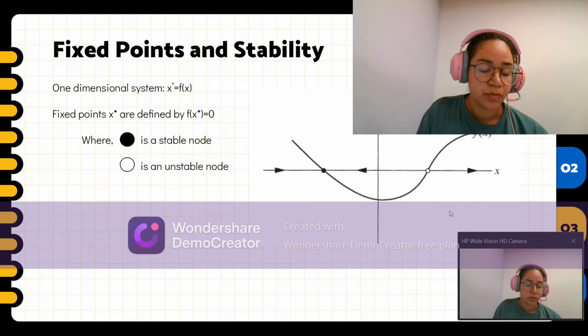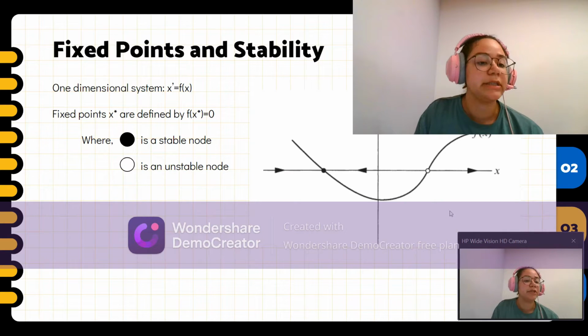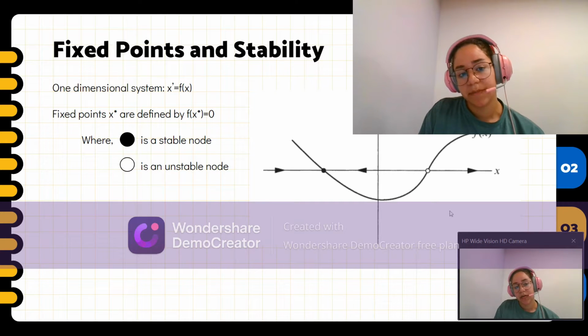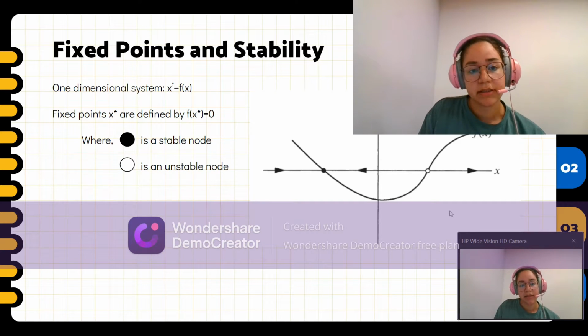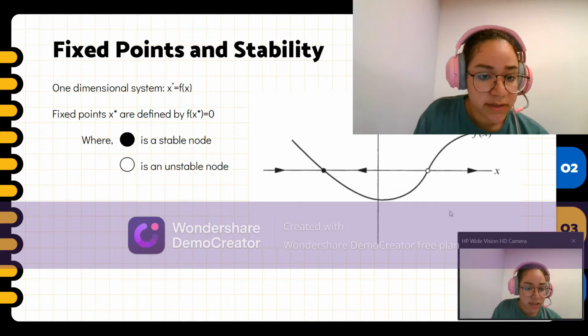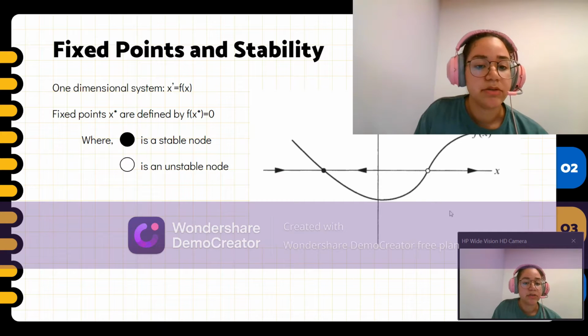So, to work with differential equations and dynamical systems, we first need to find the fixed points and stability. In a one dimensional system, x prime is equal to f of x, which is a function. The fixed points x star are defined when f of x star is equal to 0.